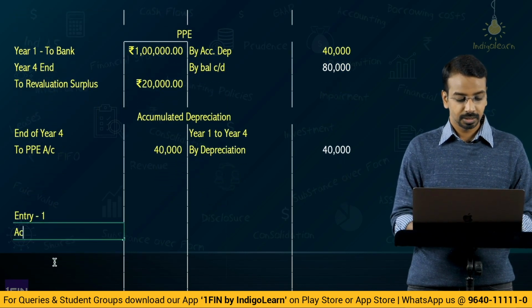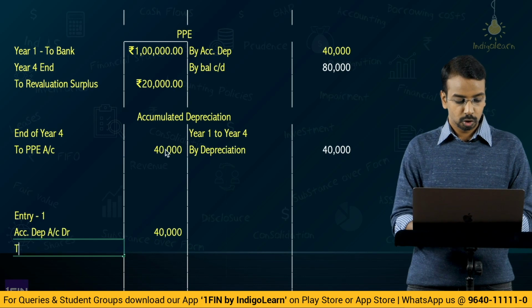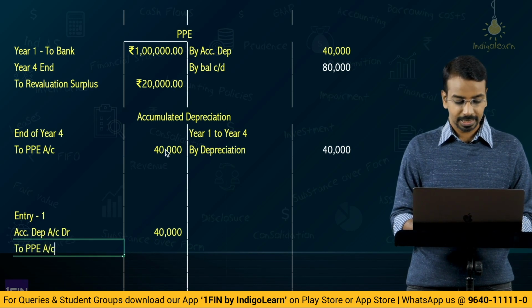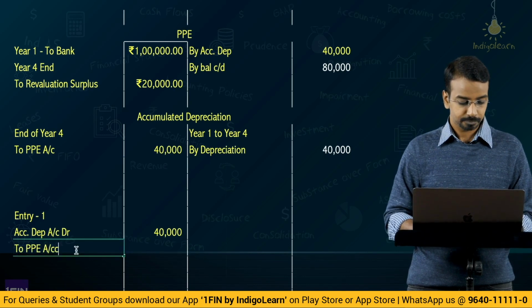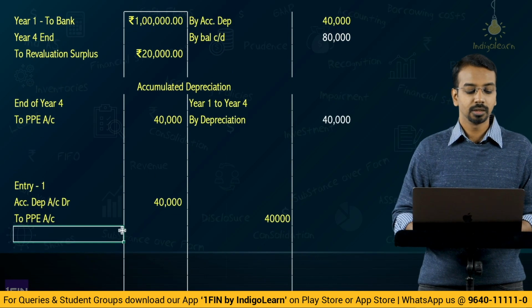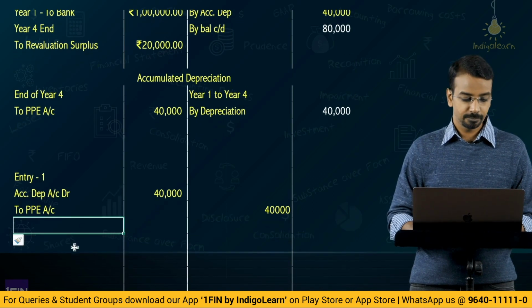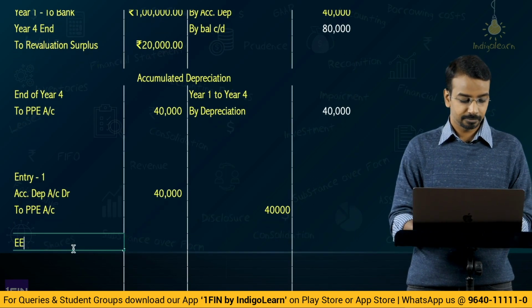Accumulated depreciation account debit, by how much? By 40,000, to PPE account 40,000, right? So, this is the first entry. Then second entry.